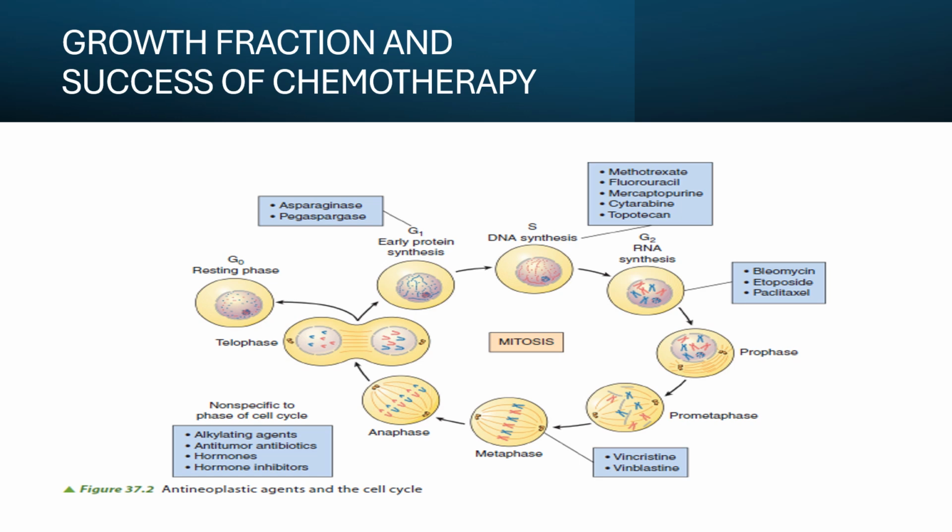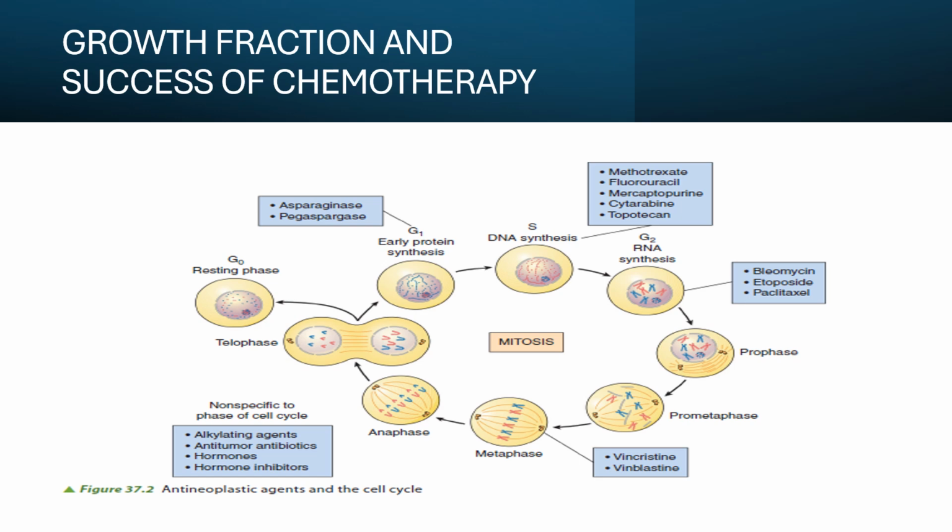If the cell receives a signal to divide, it leaves G0 and enters the G1 phase, during which it synthesizes the RNA, proteins, and other components needed to duplicate its DNA during the S phase.